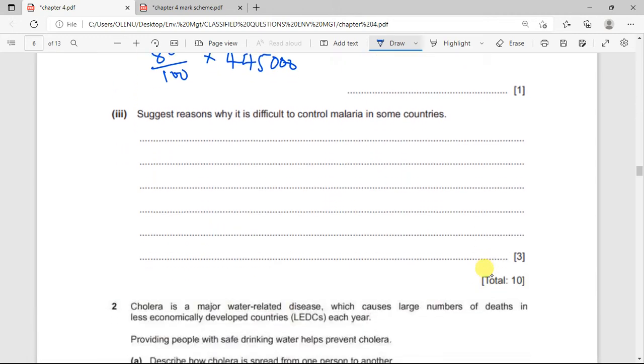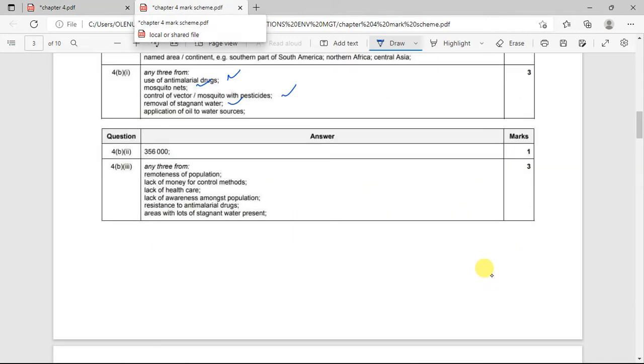Now, suggest reasons why it is difficult to control malaria in some countries. In some countries, you find that there will be lack of money to buy malaria nets. So first is remoteness of the population, lack of money for any particular control method, lack of money to get insecticides and malaria nets and the rest.